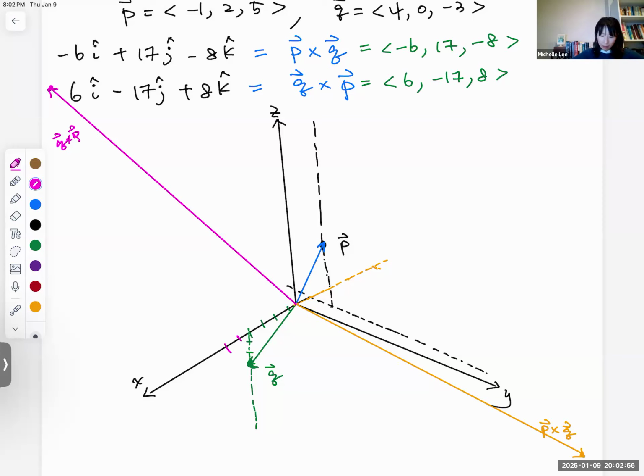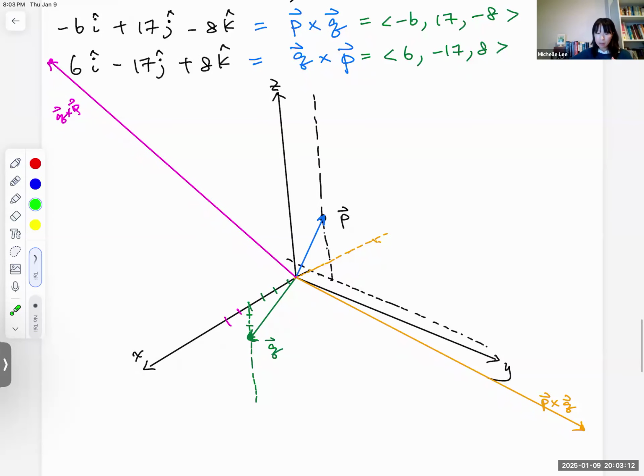Can you see that this is a vector P and this is a vector Q and this is the cross product of P and Q? Oh, you cannot see, sorry. There we go. And then this is the cross product of Q and P. Can you see that? All right, a little bit of a mess, so let me erase a little bit. Okay, now what can you see?